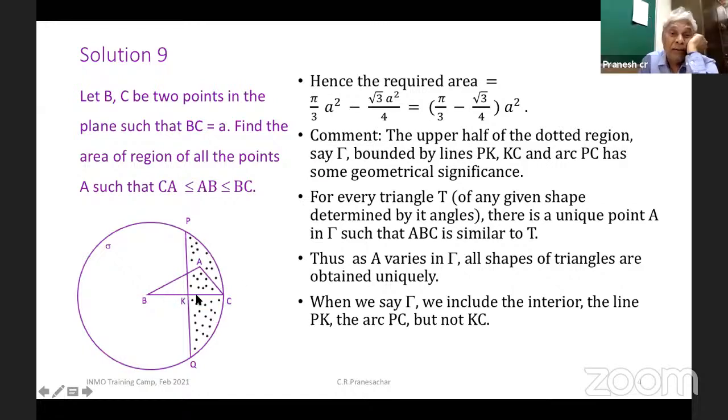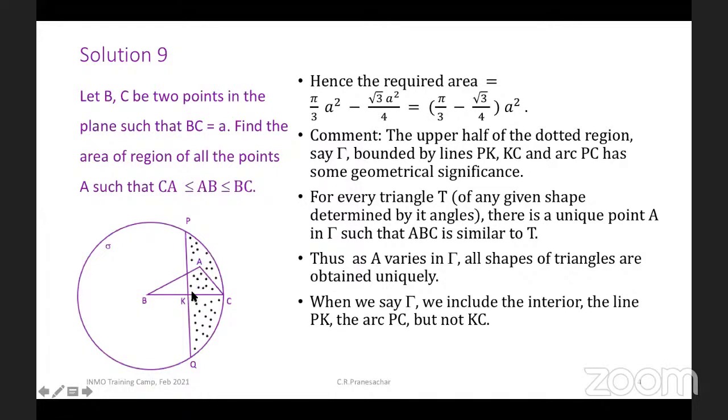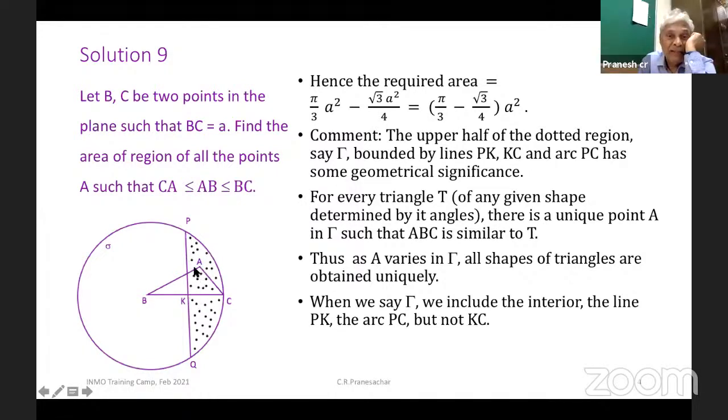Well, it's one thing. Uniqueness, see. Now I think I can clarify. If you take AKC, there may not be a unique point. There will be several points which represent the same triangle. That's possible, because we are in this bigger region as far as K is concerned.